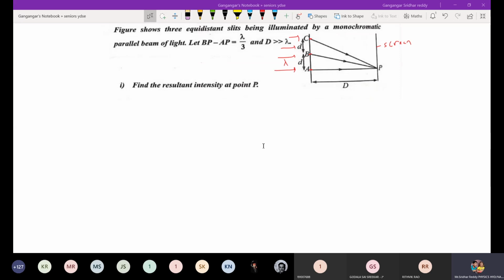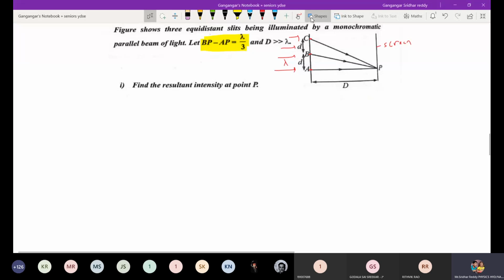BP minus AP. 3I, sir, yes, it will be 3I. Okay. I need a diagram.